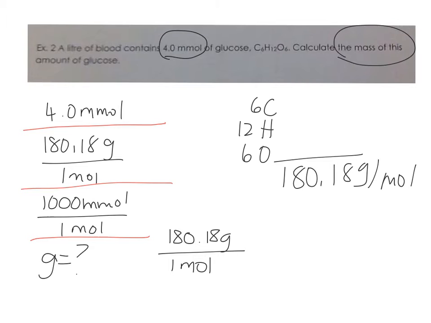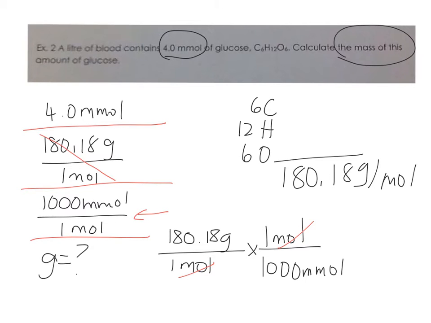My next ratio has to include mole, because that's what's on the bottom down here. So whichever one you pick next has to have this in it. So this has moles in it, so I'm going to have to flip it. Now I've gotten rid of my first unit, but I've introduced another unit, millimole.